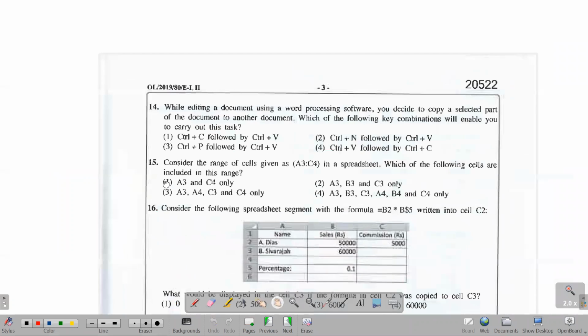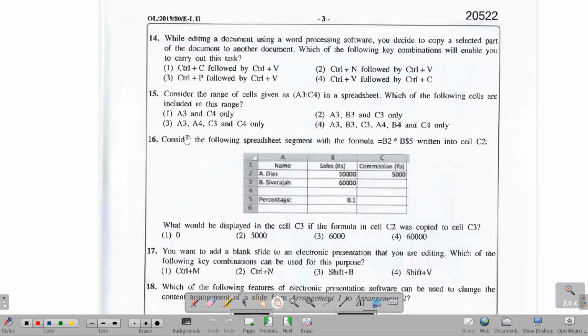So let's move to the 14th question. While editing a document using word processing software, you decide to copy a selected part of the document to another document. Which of the following key combinations will enable you to carry out this task? So it's simply copy and pasting, right? You decide to copy to another document. So Control C followed by Control V, right?